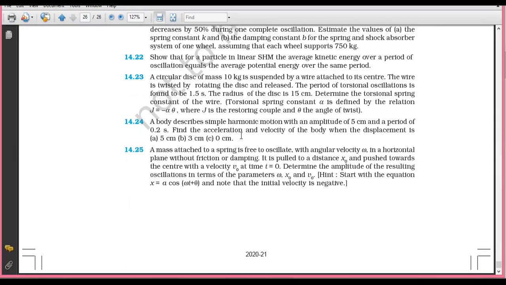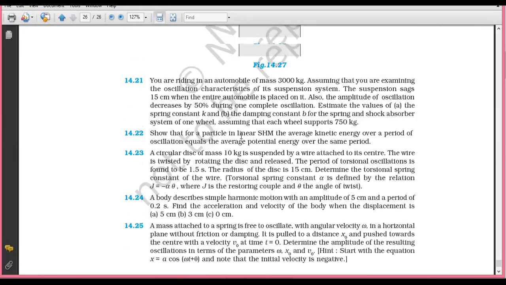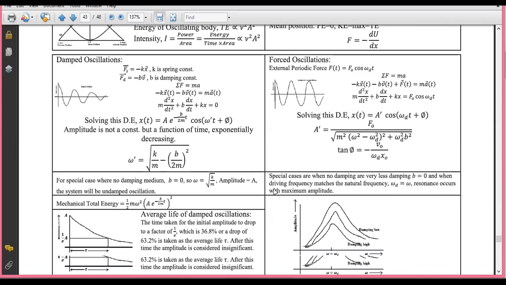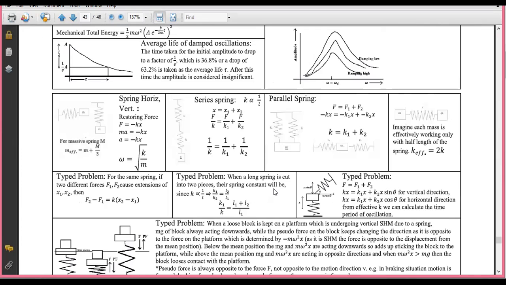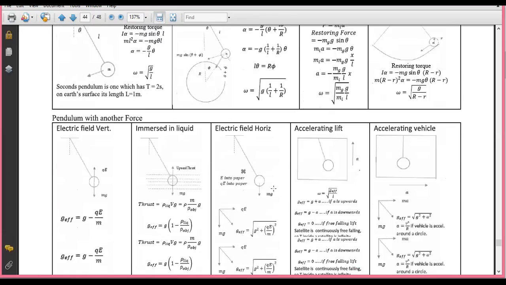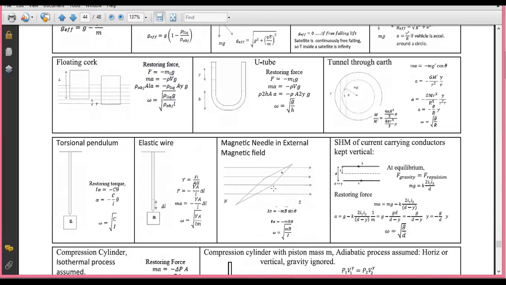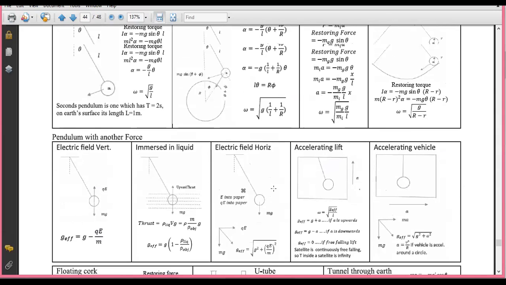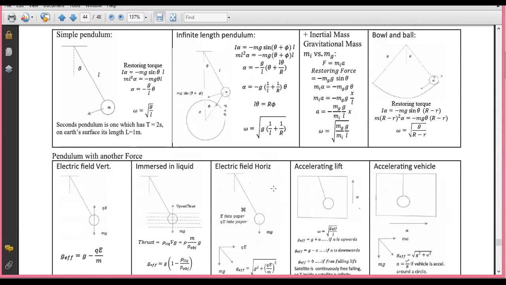And then anything else, if that is remaining, we'll discuss that. Okay, so it's already late. So I have at least two or three derivations that need to be discussed in the next class.